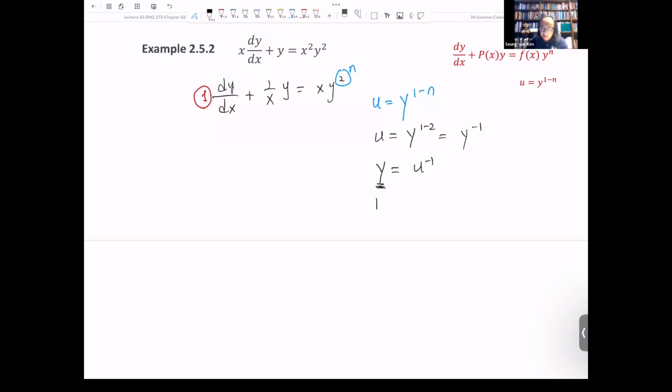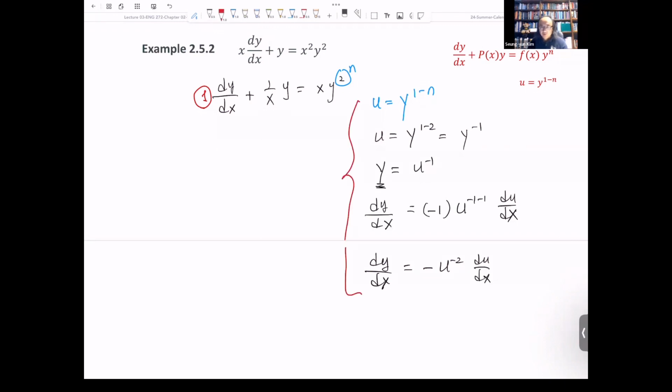That's the tricky part. dy over dx equals negative 1 times u to the negative 1 minus 1 du over dx. Therefore, dy over dx equals negative u to the negative 2 du over dx. It is done. Once you do this properly, you're done with about 80% of the work of the Bernoulli.